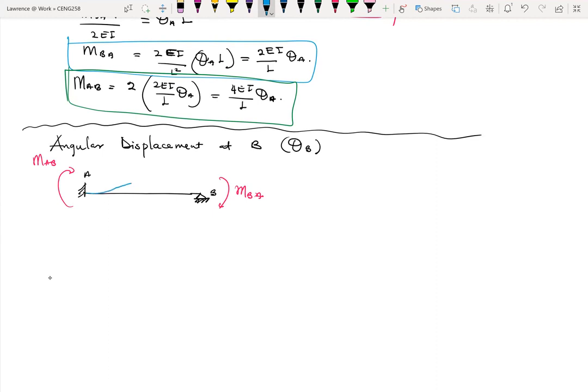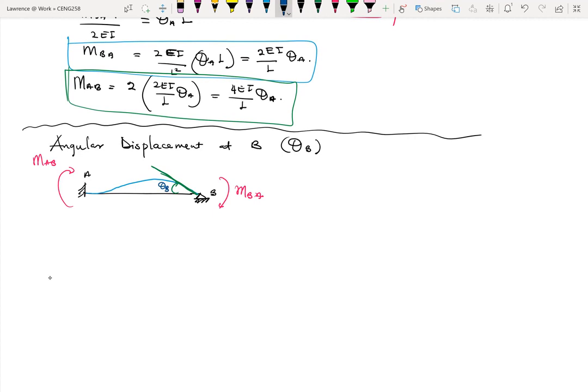This is how the beam is going to bend due to the moment acting on it. We have a clockwise rotation, and if this is a tangent, then this becomes theta B.